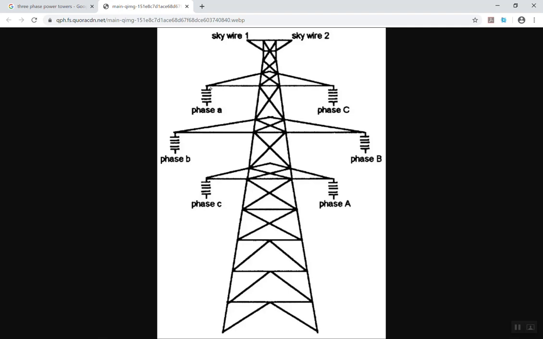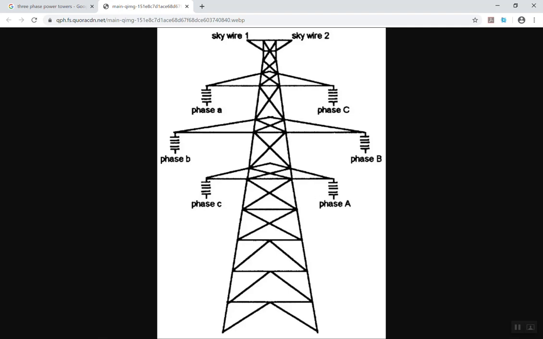And so you can see there are 3 things on each side. This is what would be considered a 2-conductor system, because we have one 3-phase conductor system over here and one 3-phase conductor system on the right hand side.